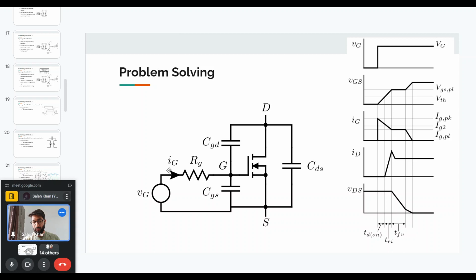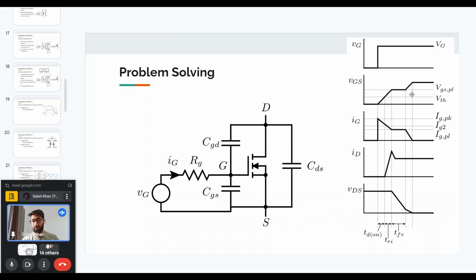And after it reaches the Miller value, the gate source Miller voltage, it stays constant for some time, and during that interval the gate current goes through the CGD capacitor, the gate to drain capacitance, and that capacitance gets discharged during the turn on process.